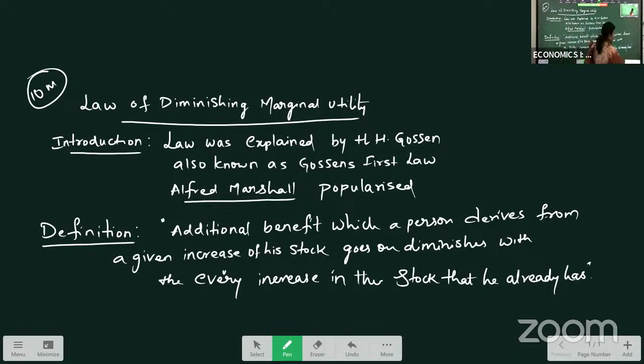Next, you will write the meaning of the law. What is the meaning of the law? In simple words, you can write it, no worries.